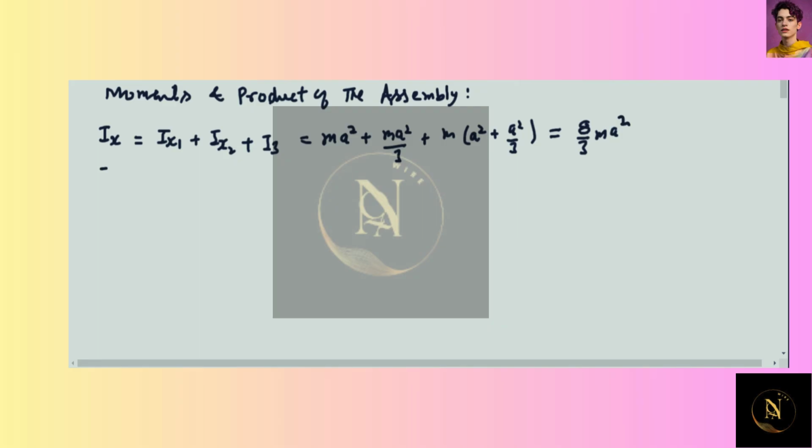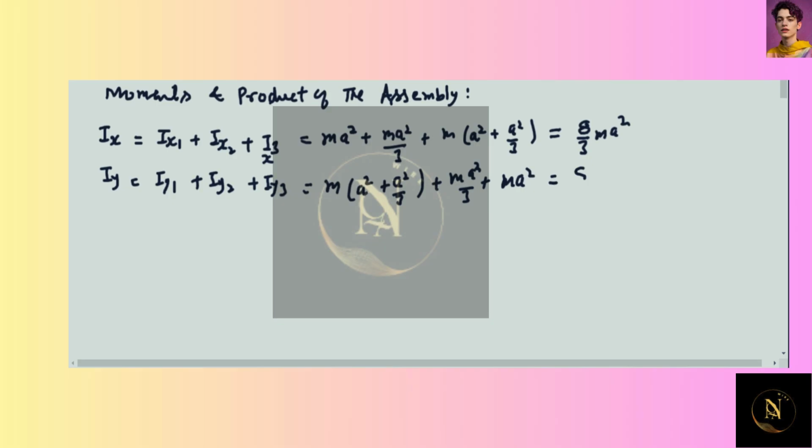Along y-axis, first rod, second rod, third rod: m a square plus a square by 3, ma square by 3. So it will be again 8 by 3 ma square.